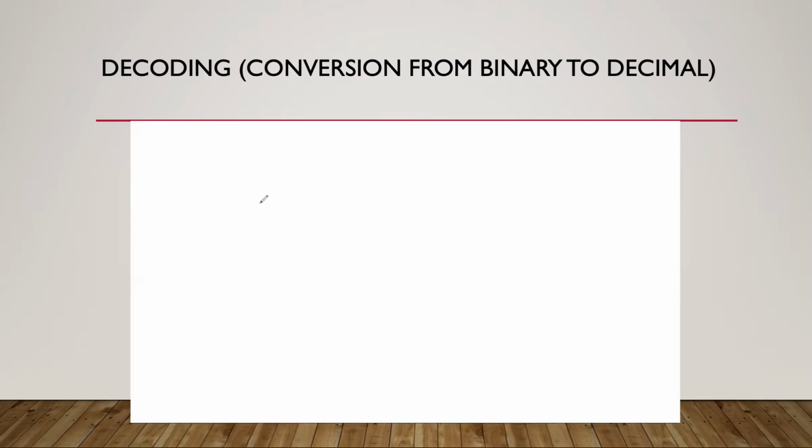I want to tell you how we can convert decimal to binary. That would be encoding, and also vice versa. A binary to decimal, that would be decoding. So encoding is what? Decimal to binary.